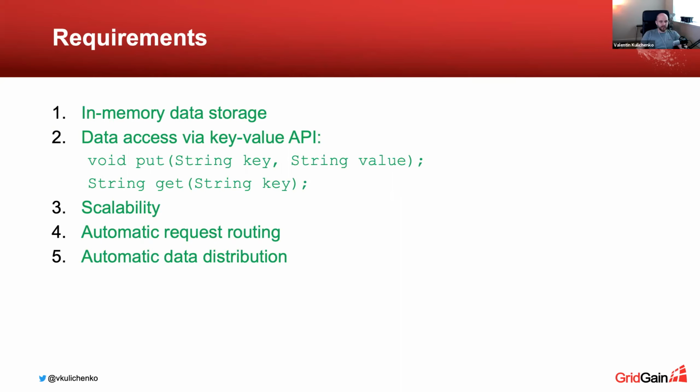You can create a cluster with multiple nodes, they will act as a single database. The client is completely abstracted from the fact that there are multiple nodes. It only knows about the public methods. And data distribution and the request routing happen automatically within the system based on the mapping function that we have created.